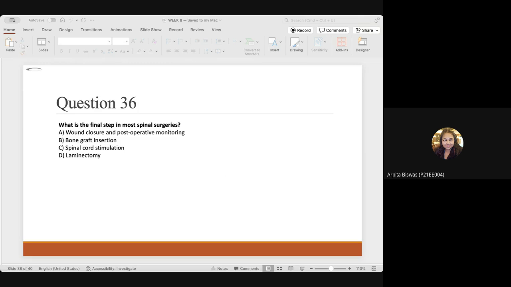So, what is the right option? The right option is option A, wound closure and post-operative monitoring.